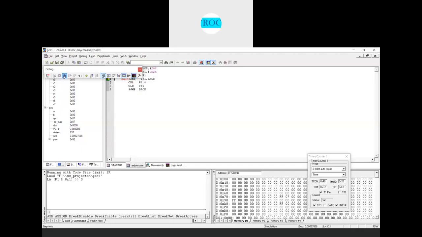Now F7, F9, FB, and again you can see here, now it is D3, it has started from D2 now. The TL register has started from this value. Now again this TF flag will be set, and again it will start incrementing.